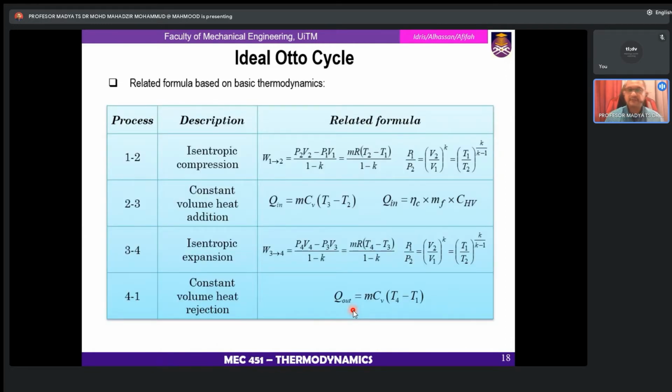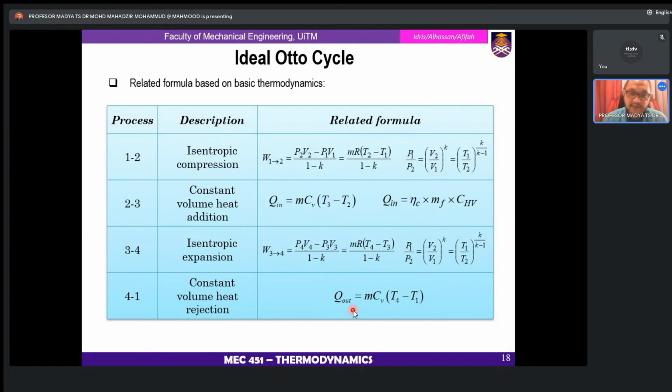The formulas that can be used for these processes are based on what you learned in chapter 2 and chapter 3, on pure substances and the first law of thermodynamics. The working fluid we use here is a gas, that means air.